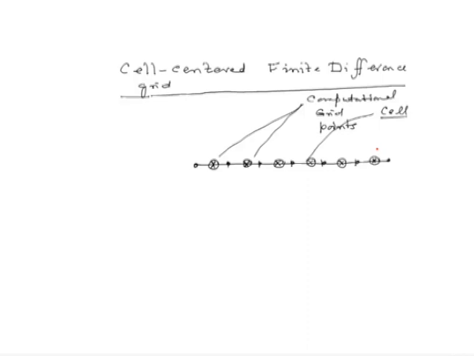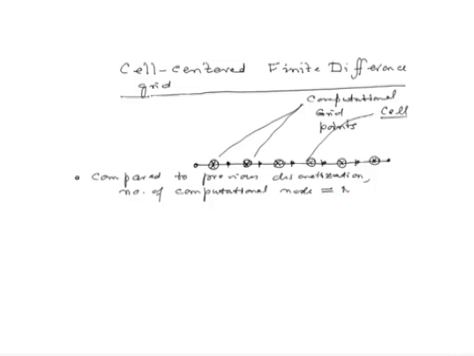So what would be the difference compared to the previous arrangement? We will have exactly as many nodes as divisions we have made. So compared to previous discretization, the number of computational nodes is 1 less. This is now equal to n. Earlier we had 1 to n plus 1 nodes.